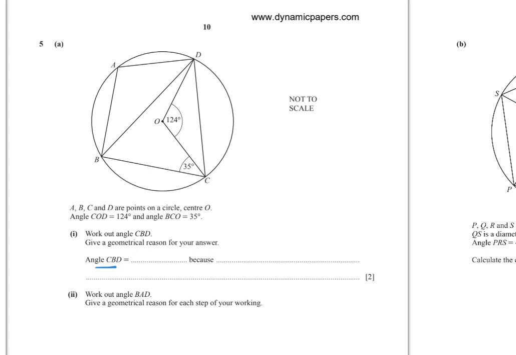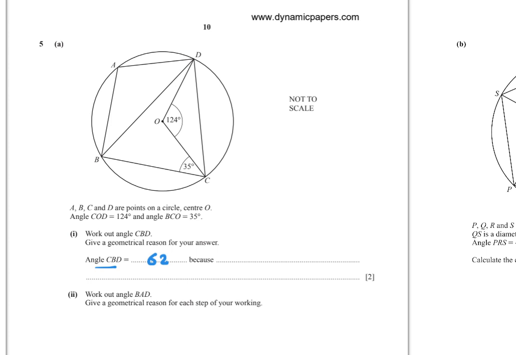Angle CBD, this one, equals what? Because what? Angle CBD equals half angle O equals 62. So this angle 62, because the circumference angle half the central angle, or the central angle double the circumference angle.